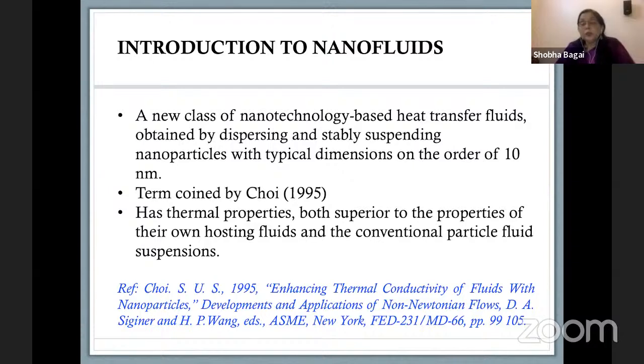These nanofluids, a term coined by Choi, were tested in experiments. They had thermal properties which were superior both to the properties of their host fluids and to conventional particle fluid suspensions.